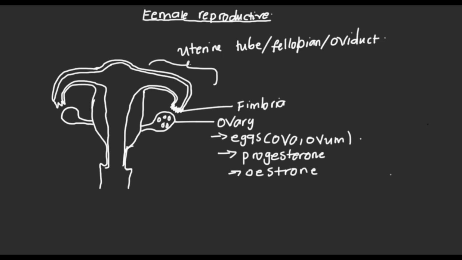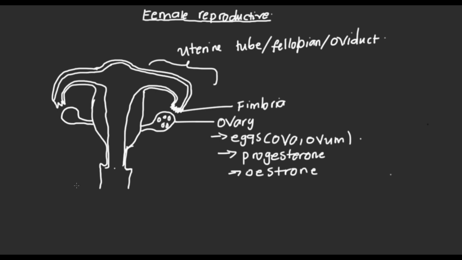Now the simple function that we give for this fallopian tube is that this is where mostly the process of fertilization occurs. Fertilization is the joining of the male reproductive cells with the female reproductive cells. Now, the same uterine tube is divided into different regions.